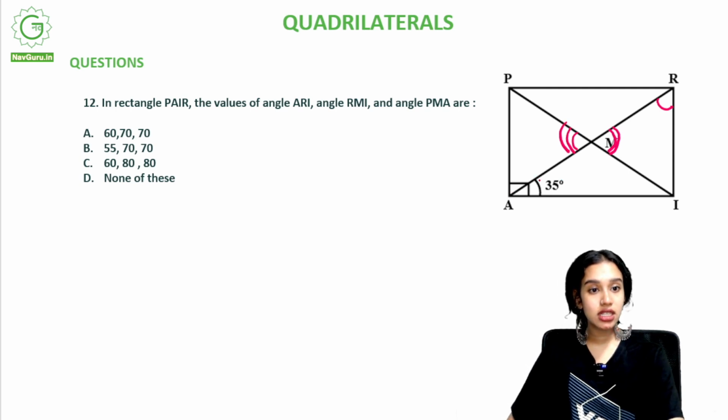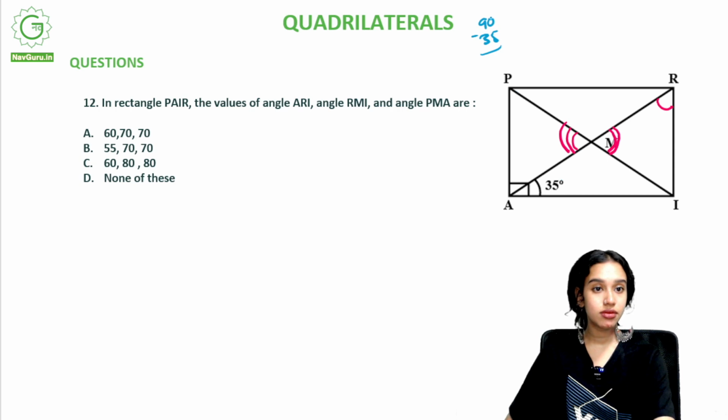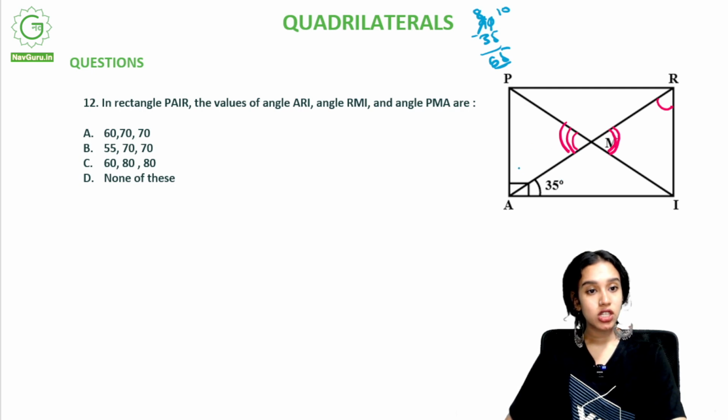Now it's given that this is 35 degrees, and the total angle PAI is 90 degrees. So angle PAR is equal to 90 minus 35, right? So this would become 10, this would become 8, this is 5 and 5, so this is 55. So this angle is 55 degrees, right? Now if this is 55 degrees, this angle also should be equal to 55 degrees, right?